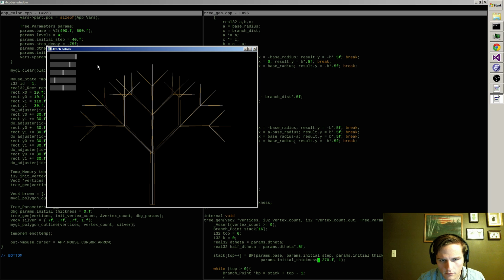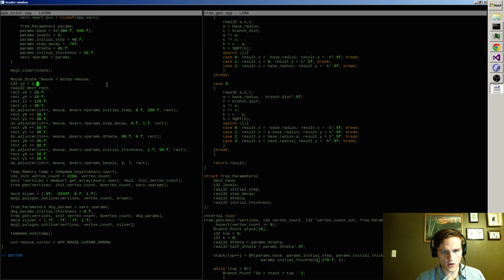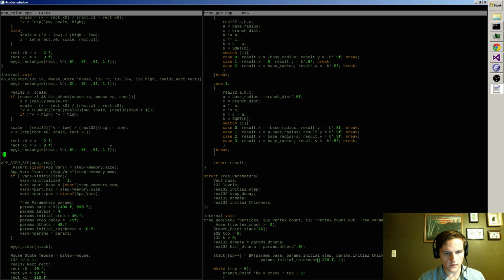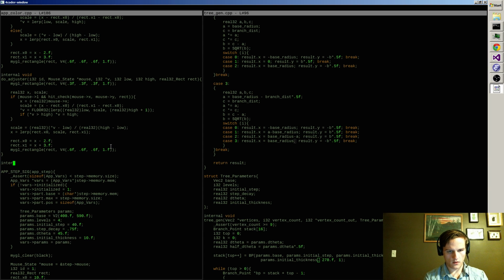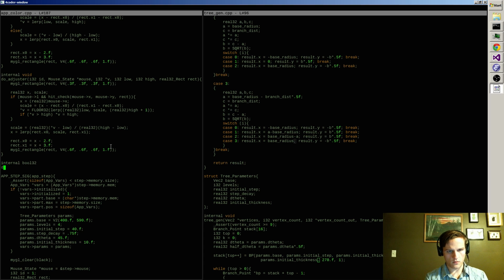Okay, we're going to do another bit of a toggling thing. So, internal bool32 do toggle ID mouse state mouse.